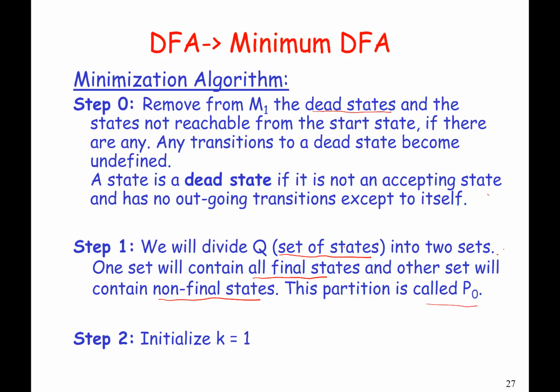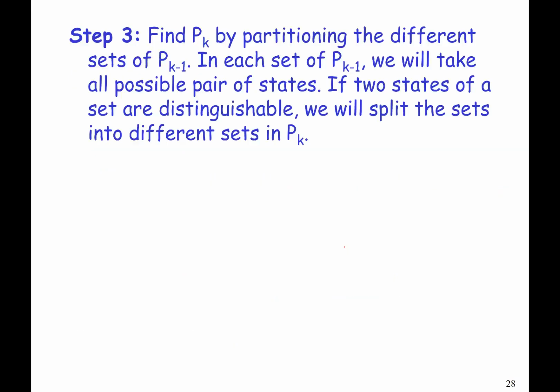So we continue as an iterative process. The next step would be for the next partition, let's say k equal to 1. You find the next partition Pk, which to begin with is P1, by looking at the partition that we have so far, which is Pk minus 1, and we look at all the states that are in the same group and see if they are distinguishable in any fashion, or if they are equivalent in all respects.